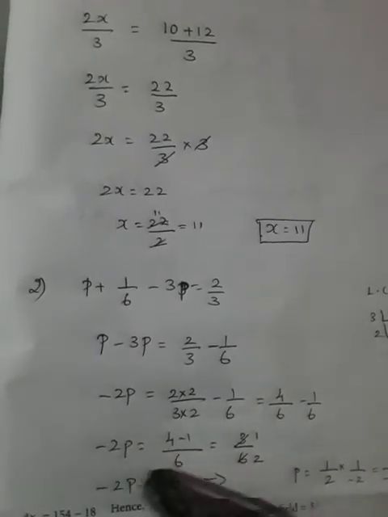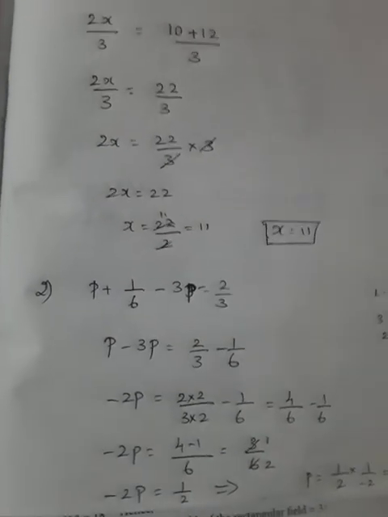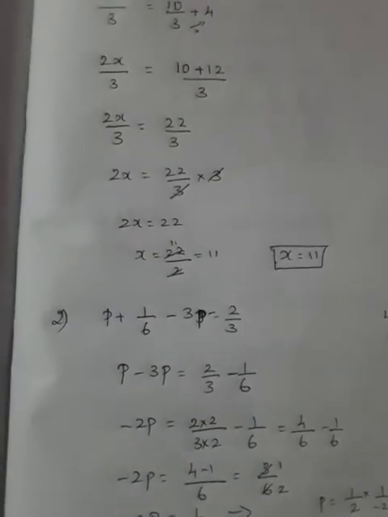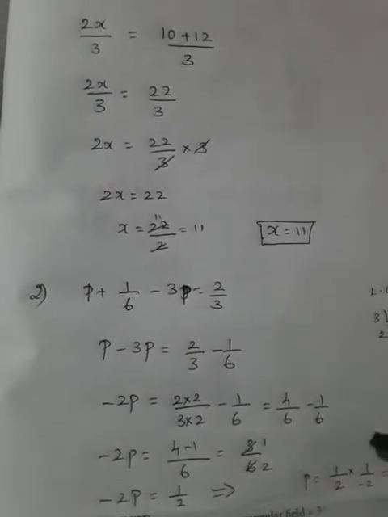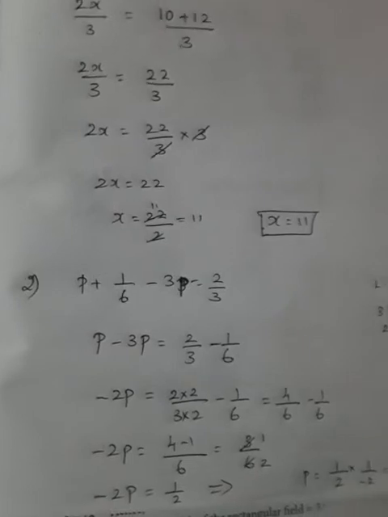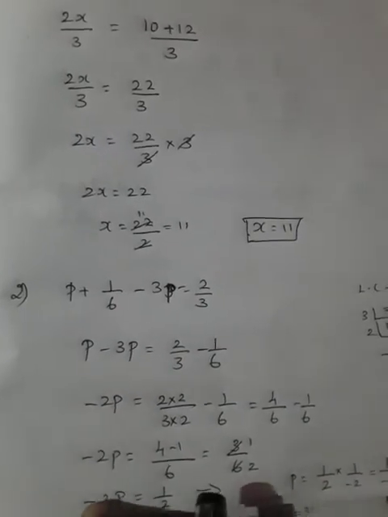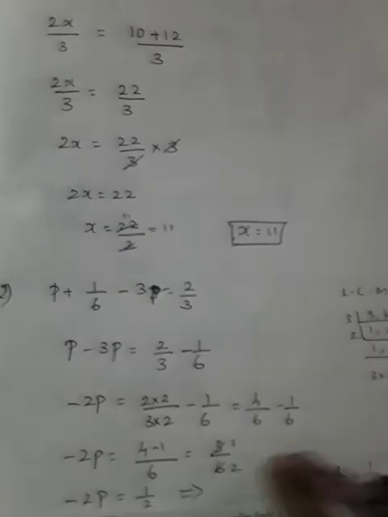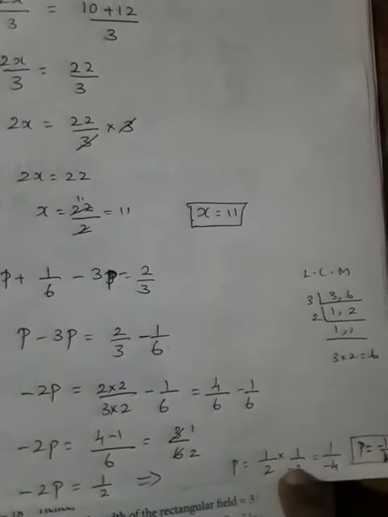I need p alone. So this is minus 2p. What do you mean by minus 2p? Minus 2 into p. If you are transporting the 2, the into will change to a division. So this minus 2 we can consider as minus 2 by 1. If you are transporting, it will change to 1 by minus 2.